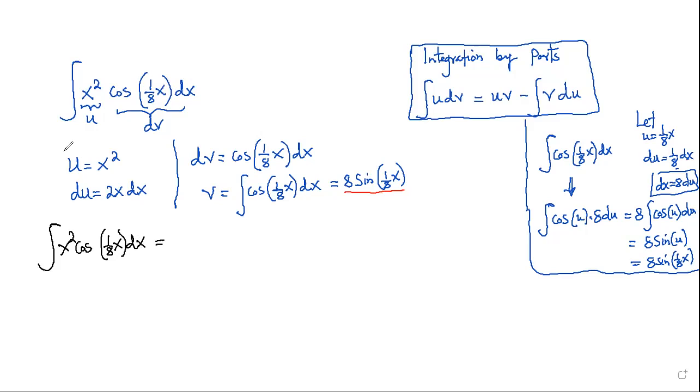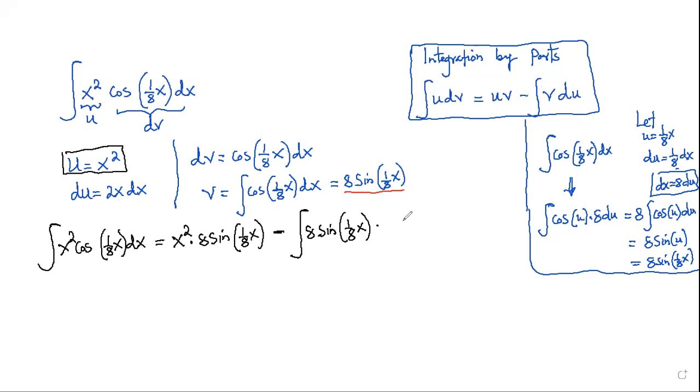So u is x squared, times v. v is 8 sine of 1/8 x, minus the integral of v. v is 8 sine 1/8 x times du, which is 2x dx.